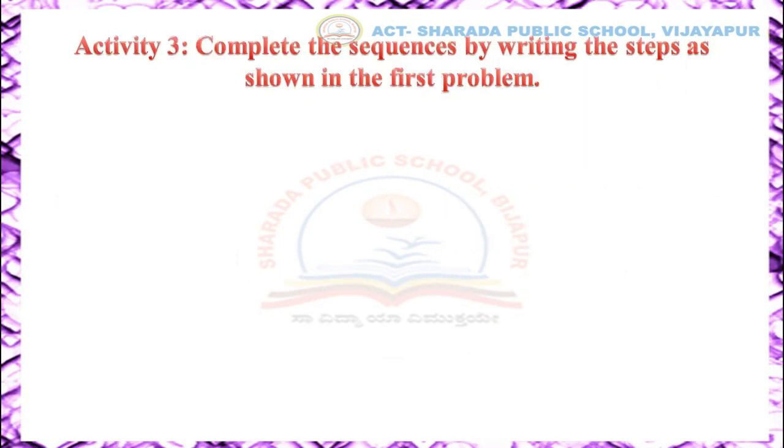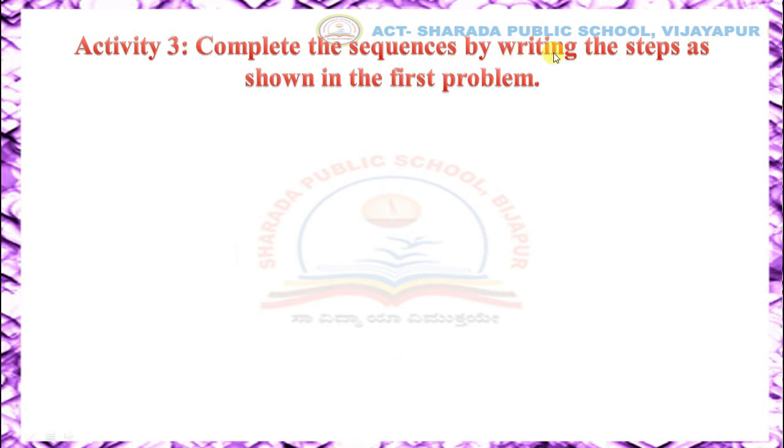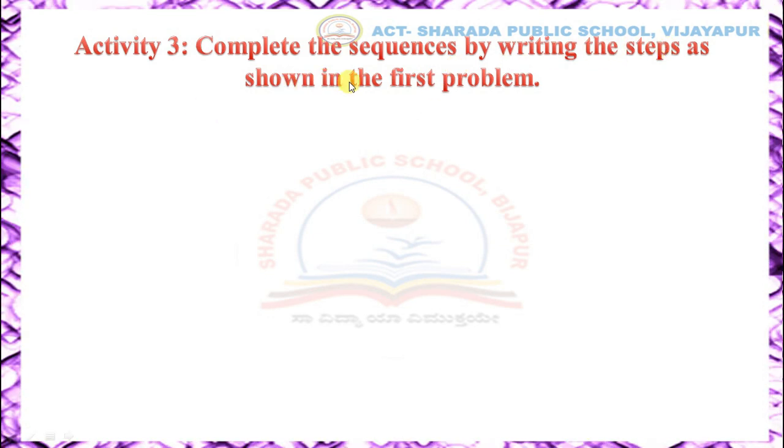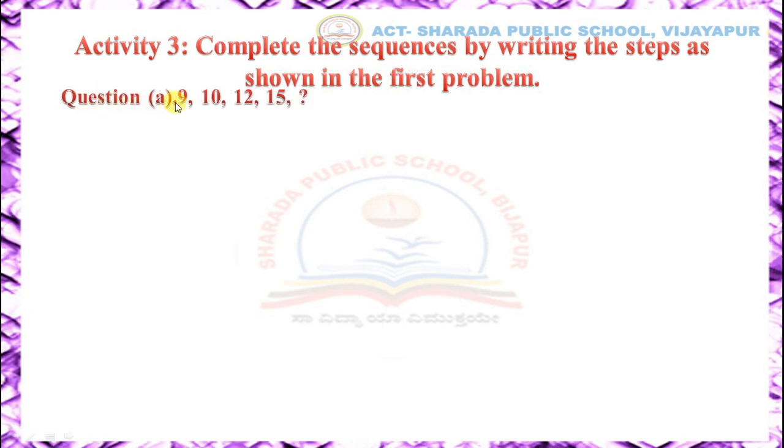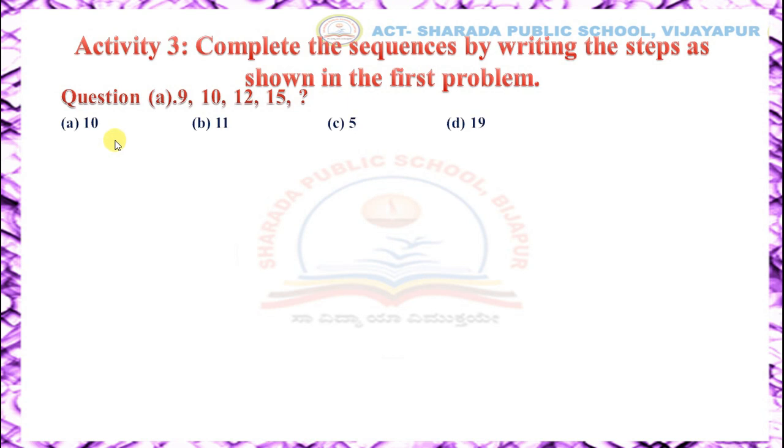Let us solve the activity number 3. Complete the sequences by writing the steps as shown in the first problem. Question A. 9, 10, 12, 15. Here are the options.